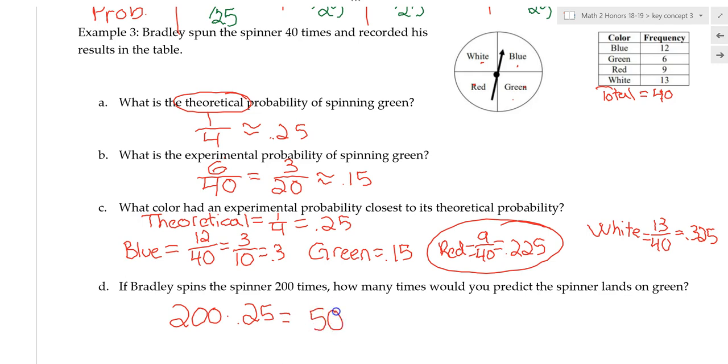And so we would expect 50 times. If all you have is experimental probability, you can use experimental probability to predict. That's what usually happens in the real world. But if you have a theoretical probability, you can use that as well.